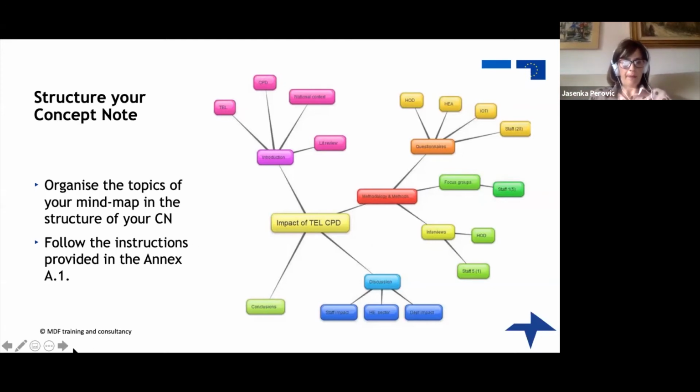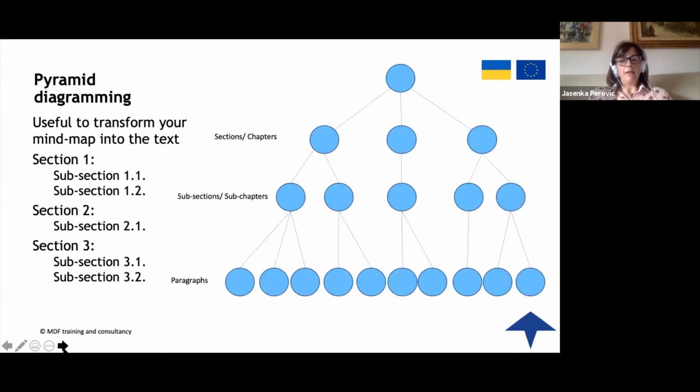Okay, and then once you have the structure, try to develop this pyramid. What will be linked to what? This is again useful in developing any paper, including the concept note. So it's a main idea, but then you can have main sections, subsections, and then each subsection can have a paragraph.